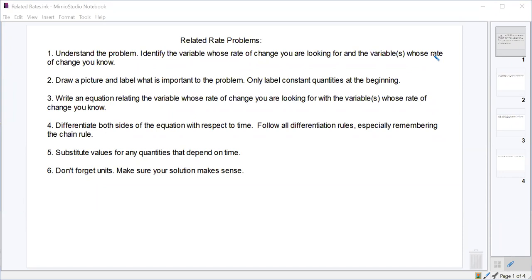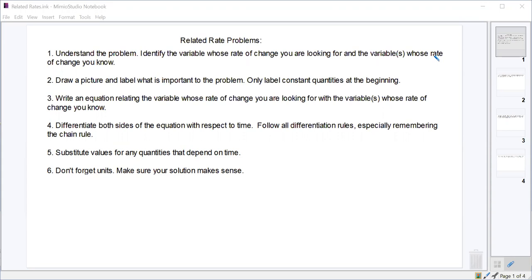But if I'm talking about the angle that bullet takes as it moves away from me or something, that angle might be changing, and so we'll want to not label it. We'll just label it with a variable. Does that make sense? So if something's constant, we'll label it. If something's not constant, we won't label it.